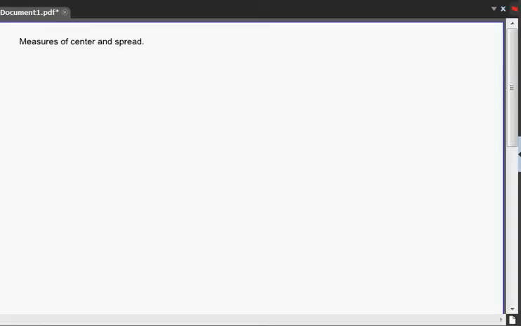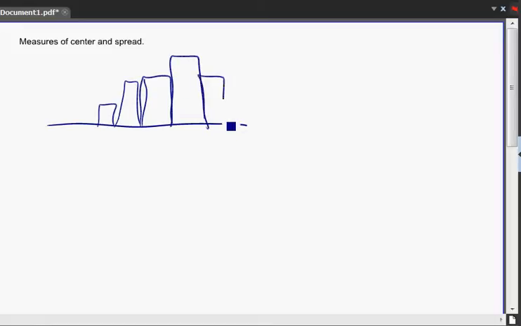So when we talk about a measure of center, we're talking about where most of my data is. And when you've been looking at those histograms, you'll go, okay, the center looks to be around right here. Now you told me the center looks to be about here.